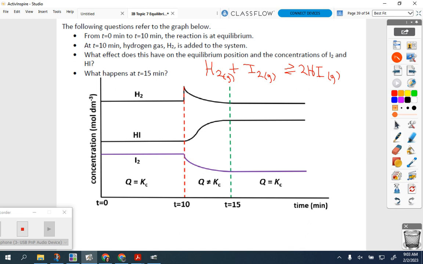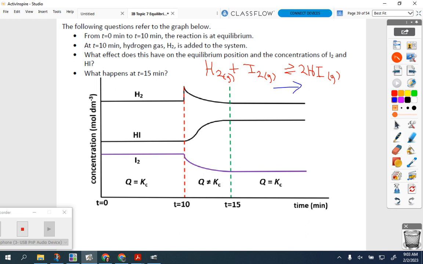Gavin. It doesn't have to go back to exactly the same place, but it is going to decrease. Why is it decreasing? Yeah, the reaction's pushing this way.